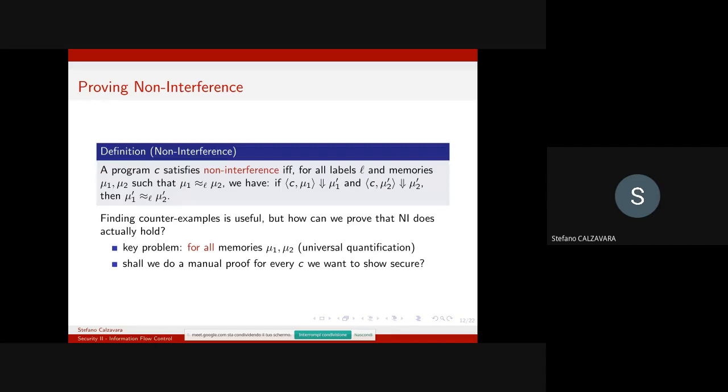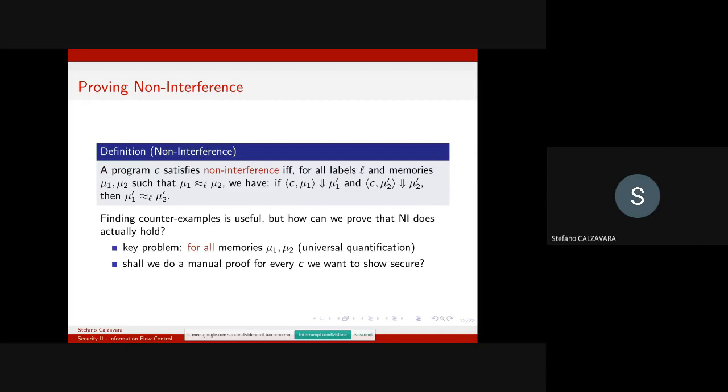So in general, as every time in math and computer science, once we want to prove that a property is true, we have to prove that this property is true for all the possible examples. So at the moment, if we wanted to prove that a program is indeed secure, so it's a program which satisfies non-interference, with the current set of tools we have, we should come up with a manual proof.